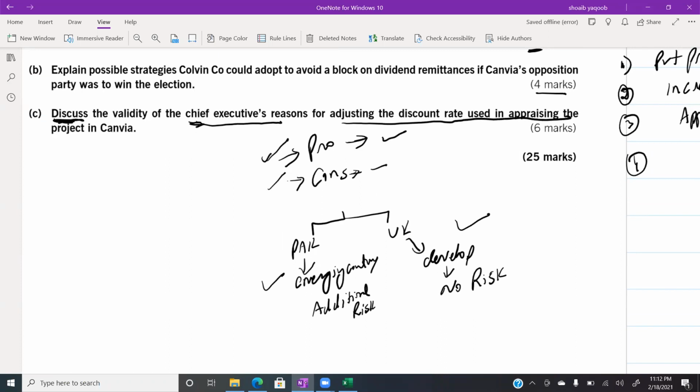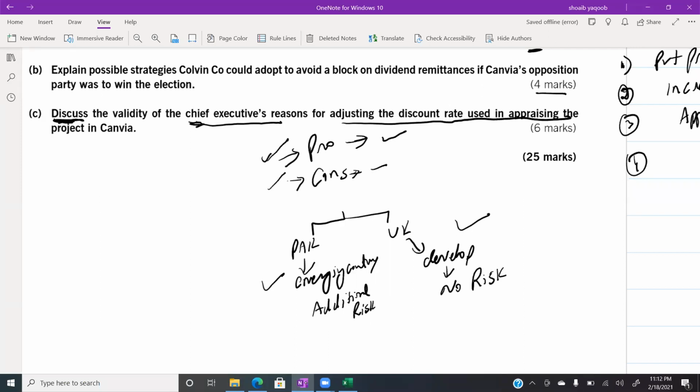But look into these risks from another angle. Let's suppose we discuss COVID. In case of COVID, in case of recession, every country is facing that.